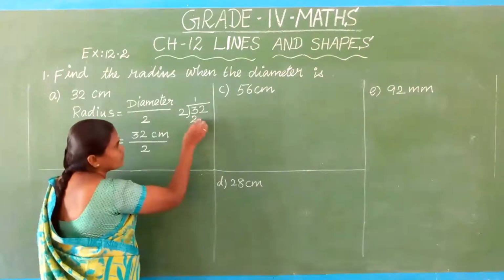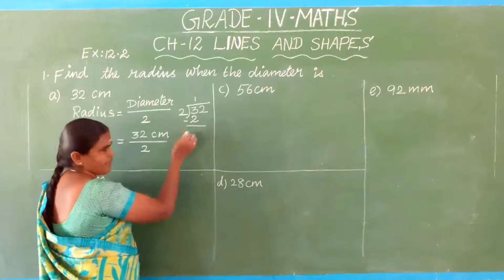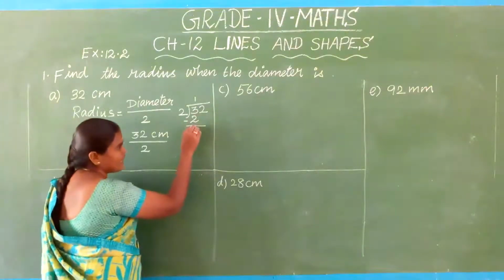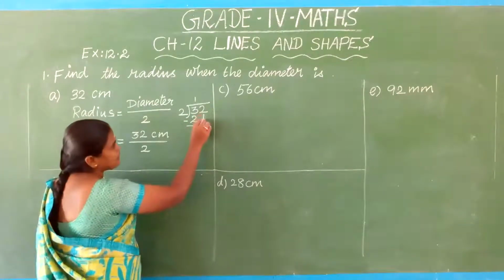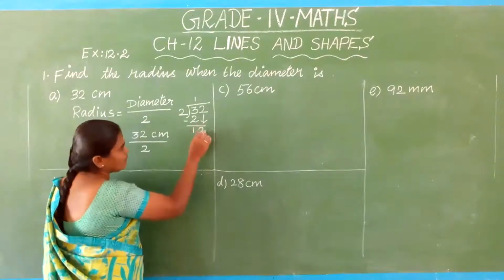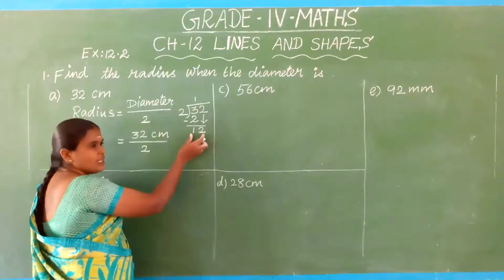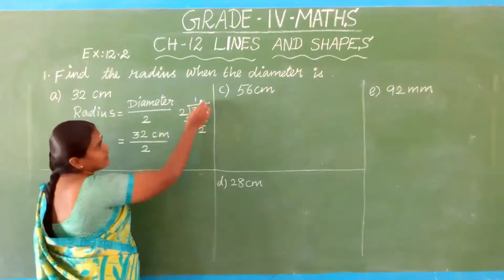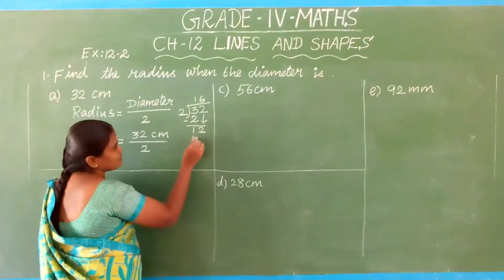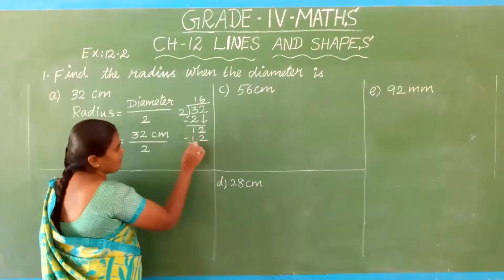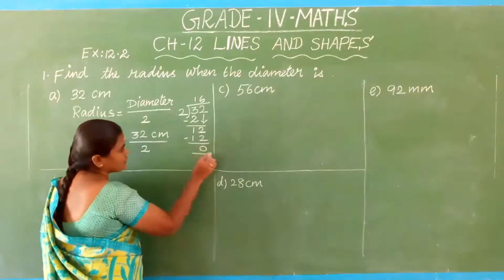1 2s are 2. Now minus 3 minus 2 we get answer 1. Next you bring down 2. Now this number 12. So how many times in the table? 6 2s are 12. 6 times. Now minus. You get answer 0.